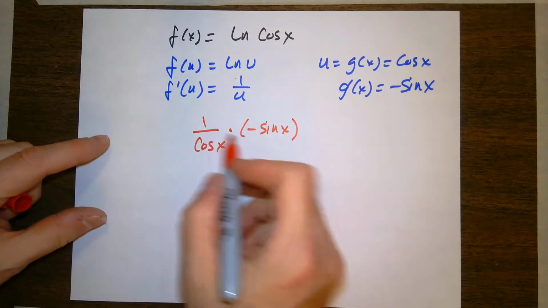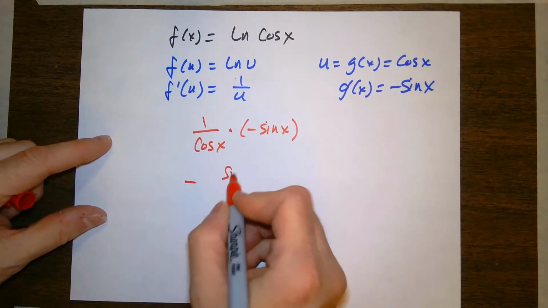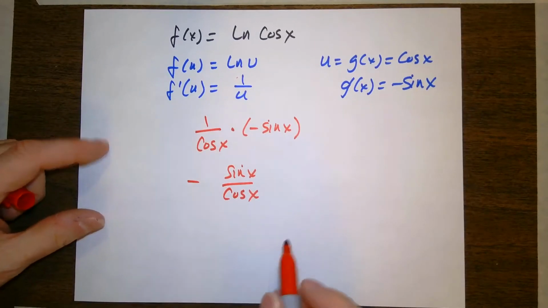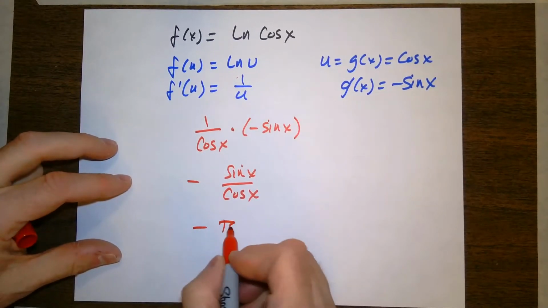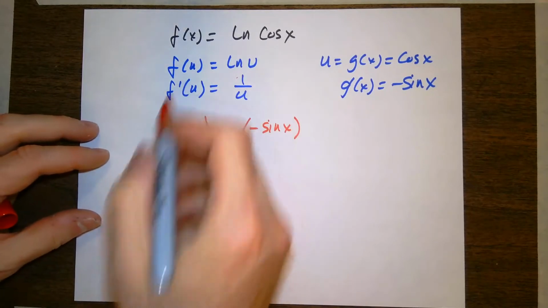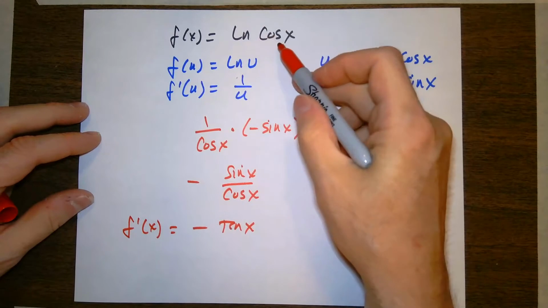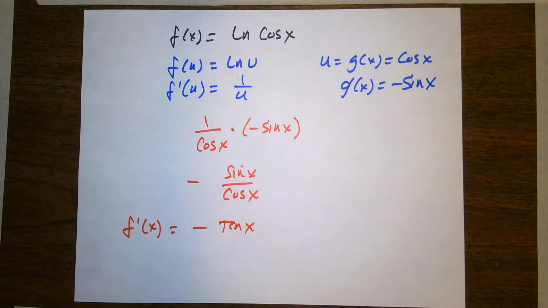Simplifying here becomes a little bit interesting. This is going to be negative the sine of x over cosine x, and we should remember this. This is just the negative of the tangent of x. So the derivative of the natural log of the cosine is negative tangent.